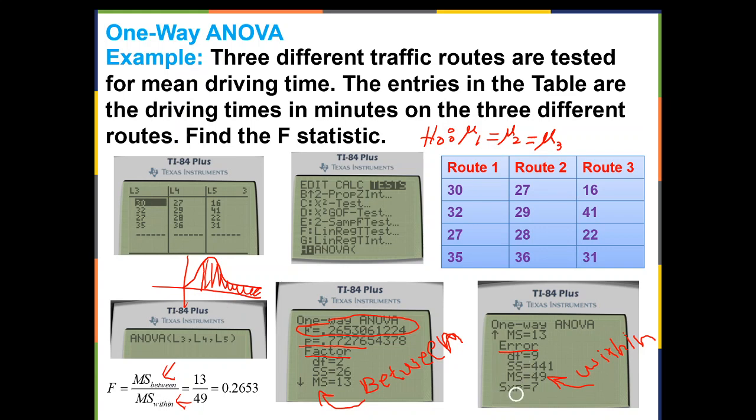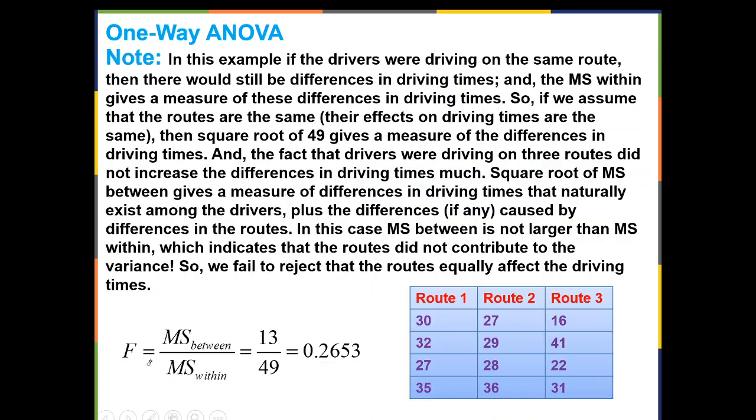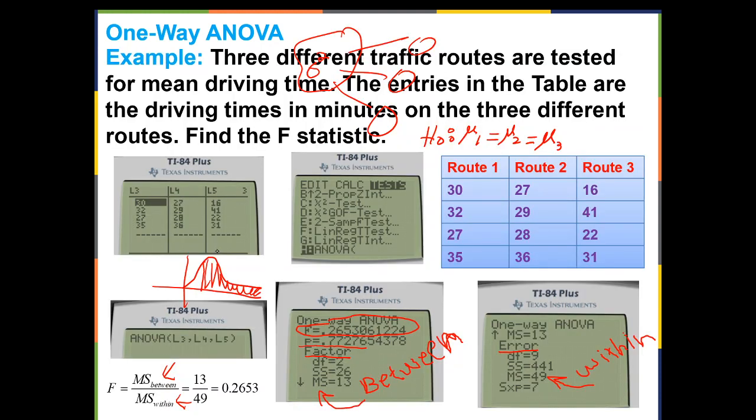And this number right here, Sxp, is basically the square root of MS in the denominator. And that is an estimate, if you assume that all 3 groups come from the same population, so that population has a sigma squared. So this number right here in the denominator is actually an estimate.